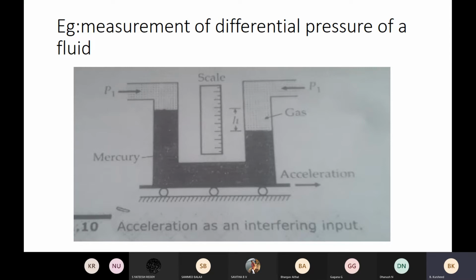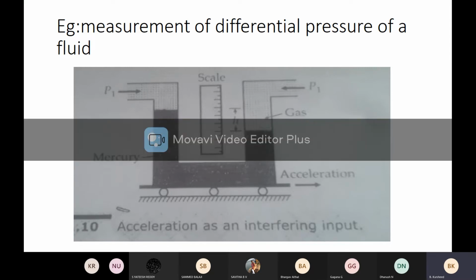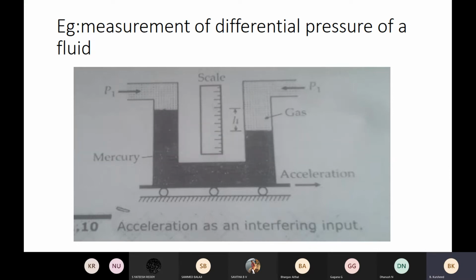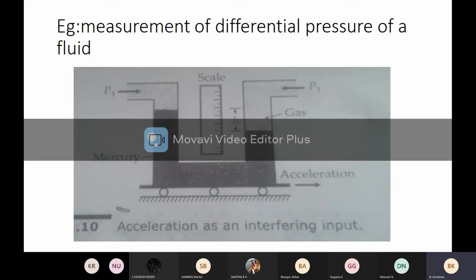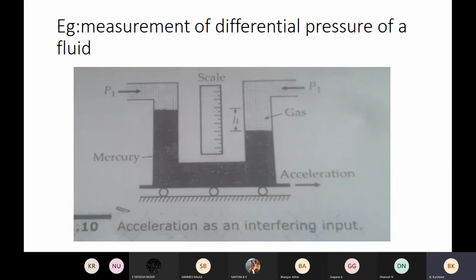There will be an acceleration. This device is called a manometer. Consider this device placed on a vehicle that is accelerated, like an accelerometer on a vehicle you ride. These types of manometers, used for the measurement of speed, torque, force and pressure, are mounted on a vehicle which will be accelerated.